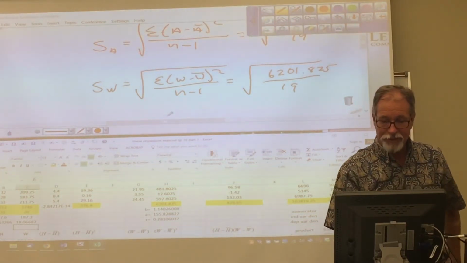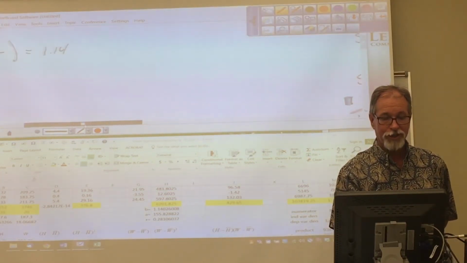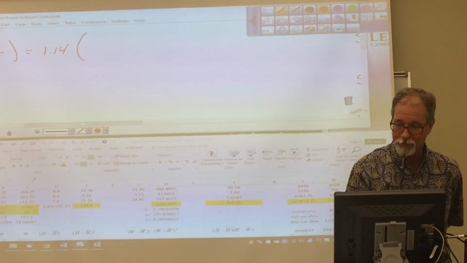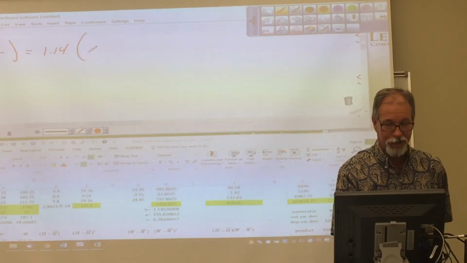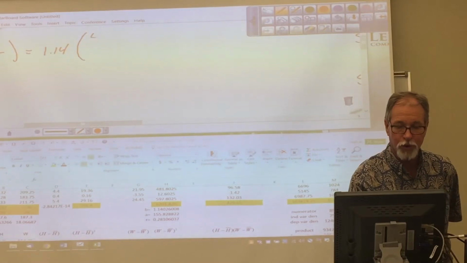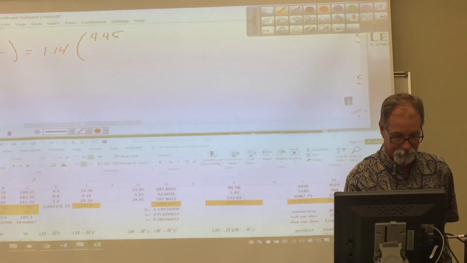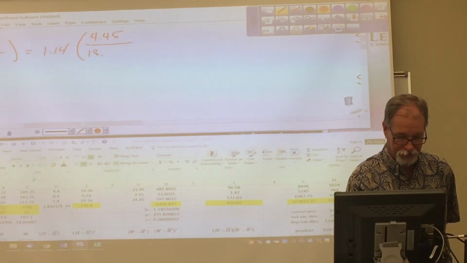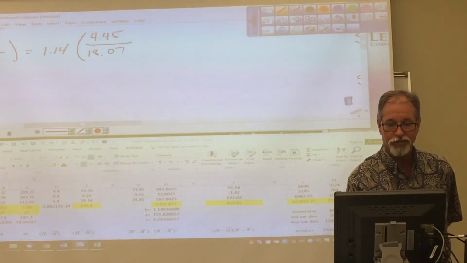So then to calculate my R, I'm going to take my standard deviation of X, which is 4.45, divided by 18.07.